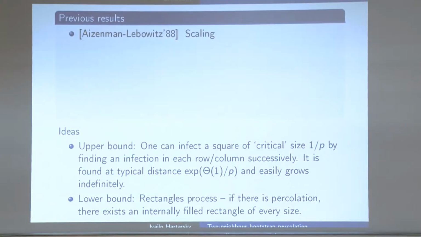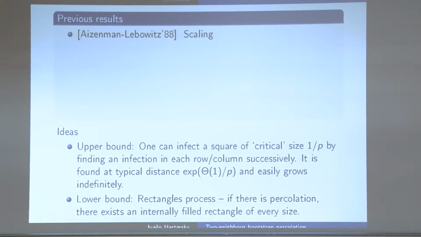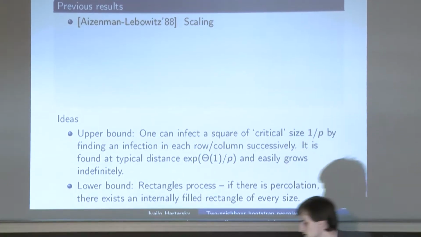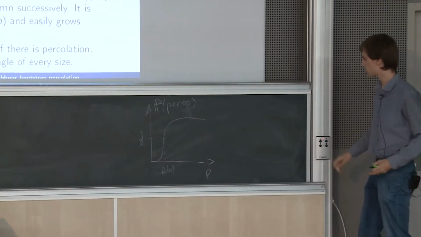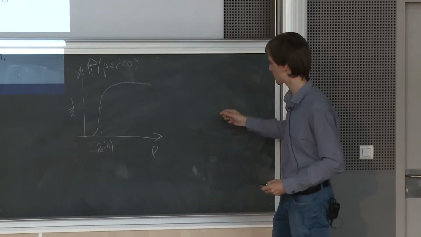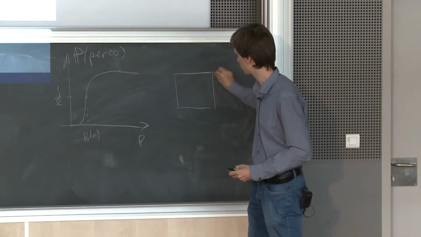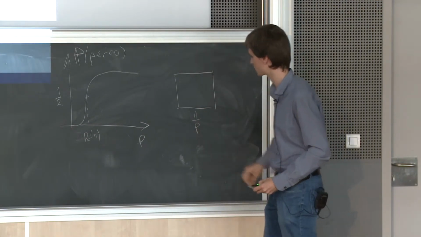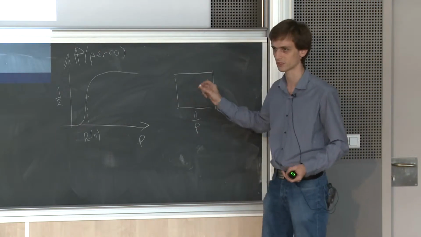For the upper bound, what we need to do is give a sufficiently likely construction of something which will percolate. How do we do that? Imagine you live in an n by n grid, n is super large, and I fix a square of size 1 over p times 1 over p at some particular position. I ask for the following event to happen.